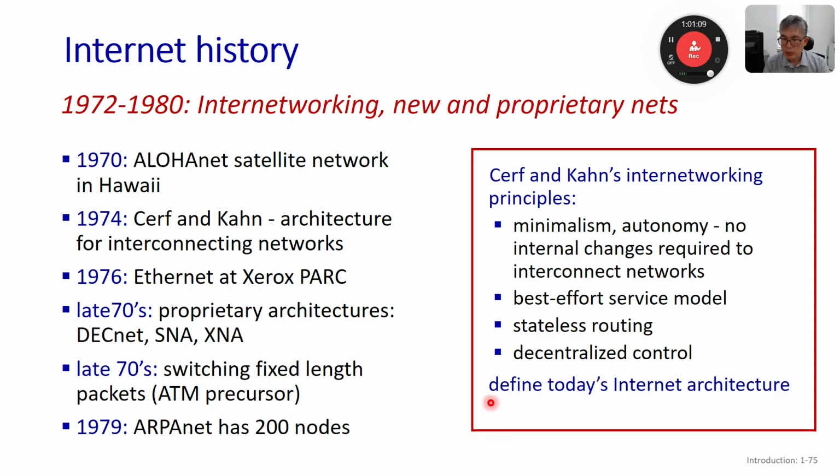So this defines today's internet architecture. Okay, and then Xerox in California made Ethernet. This is a very important invention. Okay, and then ATM, asynchronous transfer mode, a precursor. Okay, this is a quality of service.